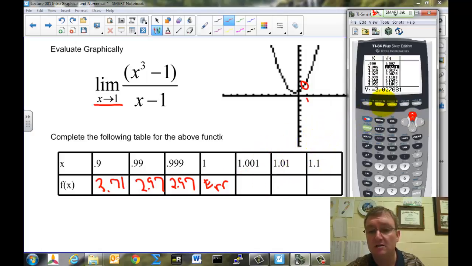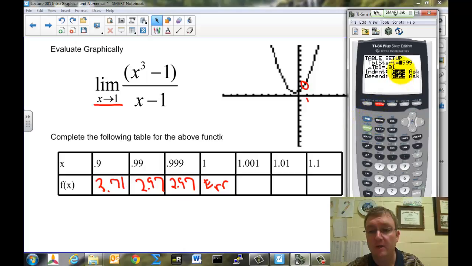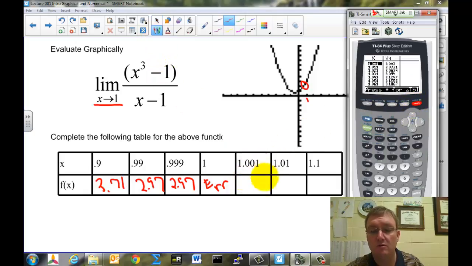So second table. And now let's start at 1.001 and look at a table set. And at 1.001, this number right here, it's at 3.003.